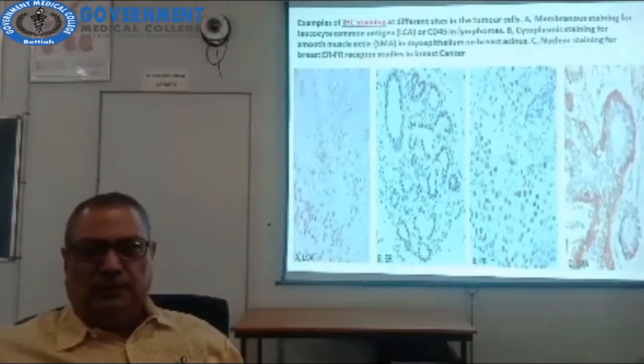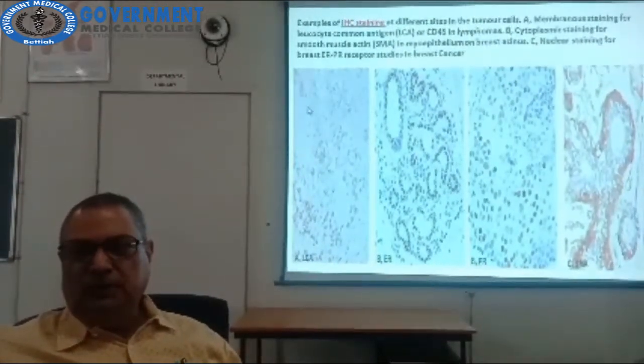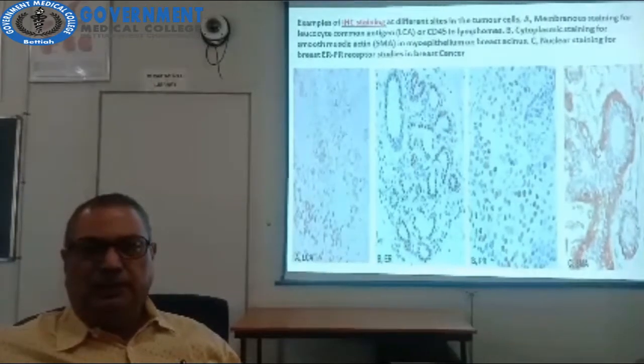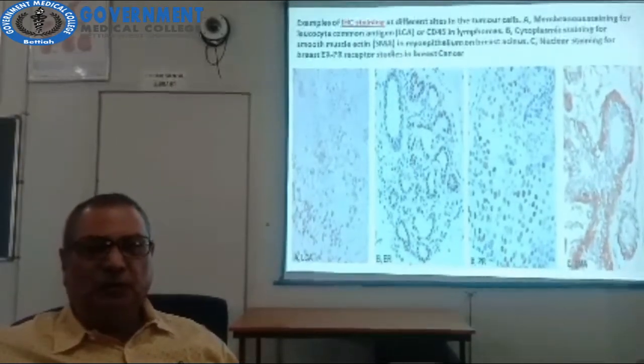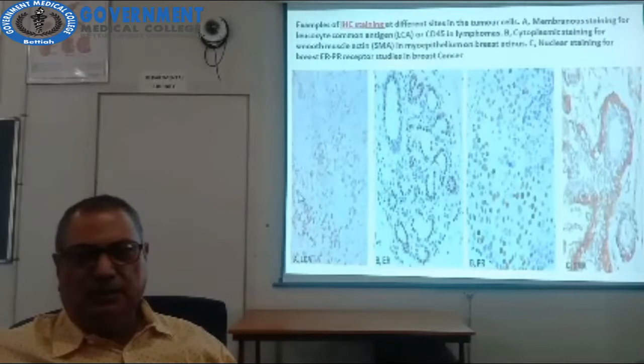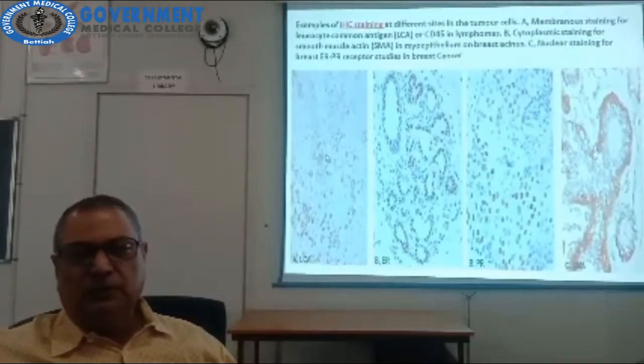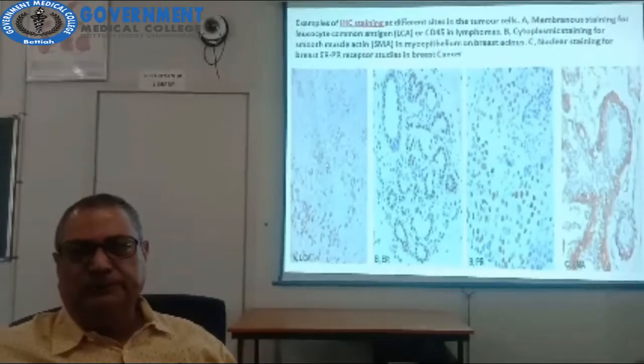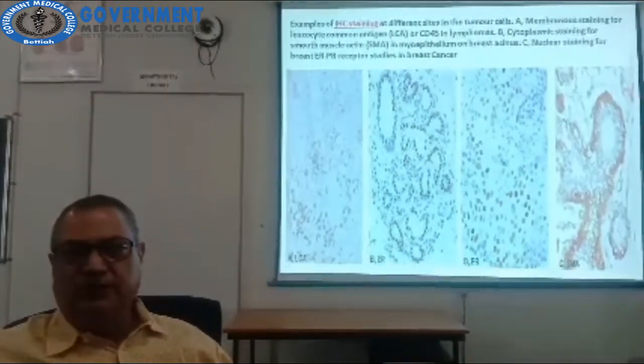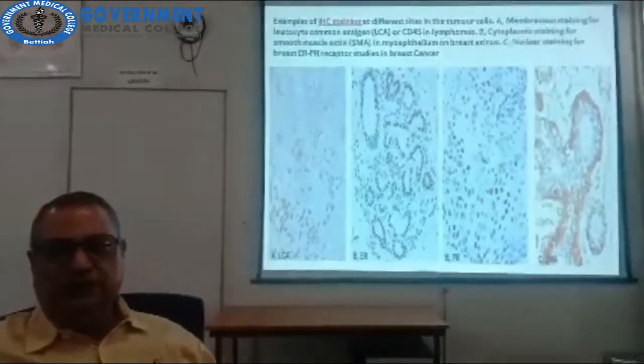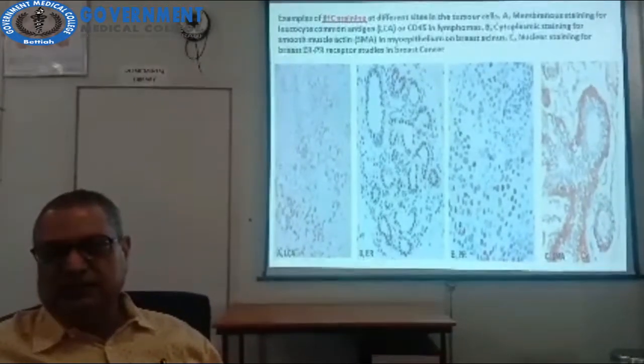Here is the common membrane staining by leukocyte common antigen. Membrane staining, the membrane is stained. This is an immunohistochemical stain for common leukocyte antigen, or CD45, in leukemia. This is a cytoplasmic stain, an immunohistochemical stain for smooth muscle antigen.